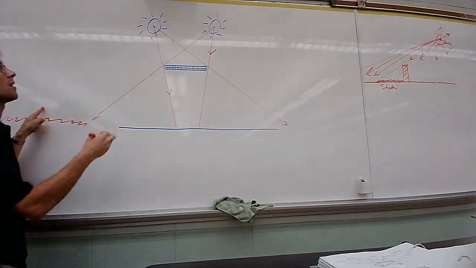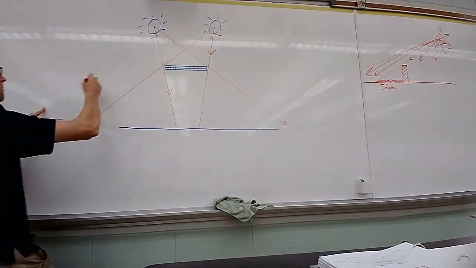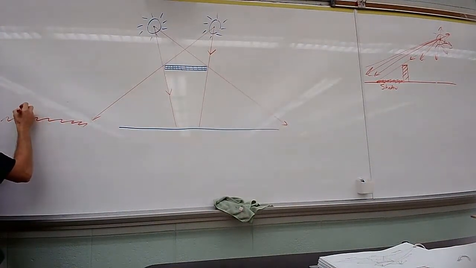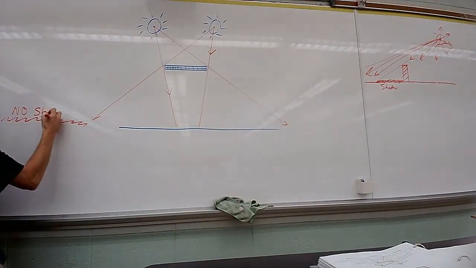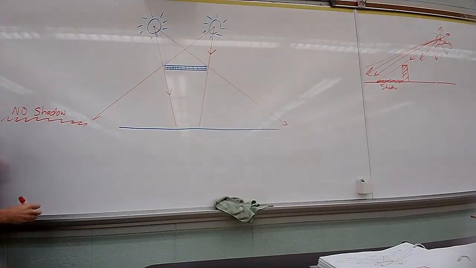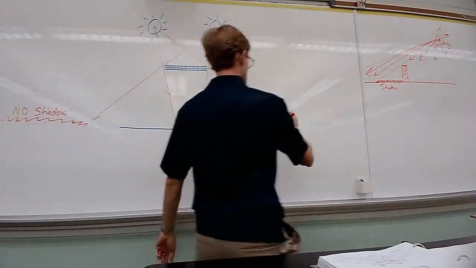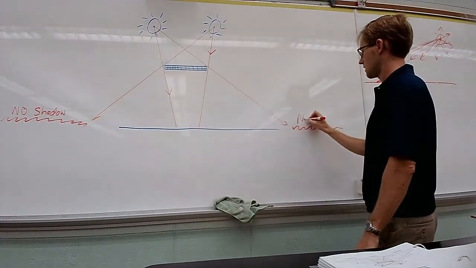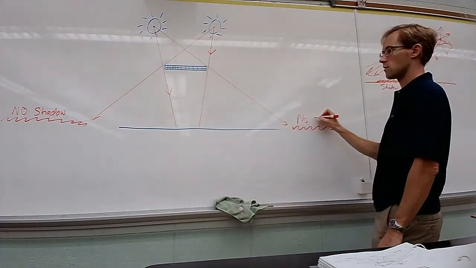Yeah, they do. Because I could draw a straight line from here to my finger, and there's nothing in its way. So, there's no shadow there. Same thing would be true on the right side. There is nothing in the way of light rays making it to these locations.